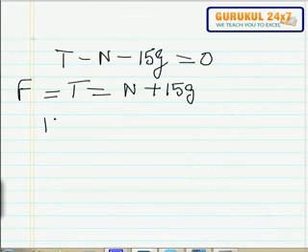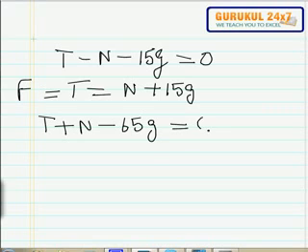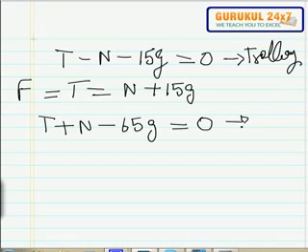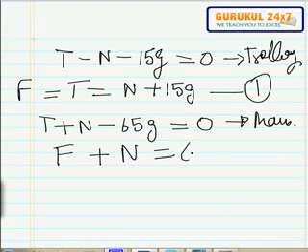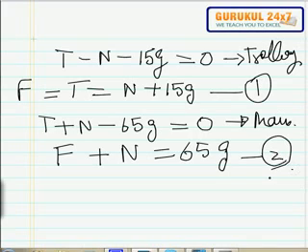So we have T plus N minus 65g equals 0. This was the trolley, and this is the man. So that was the first equation. From here we can say that F plus N equals 65g. This is our second equation.